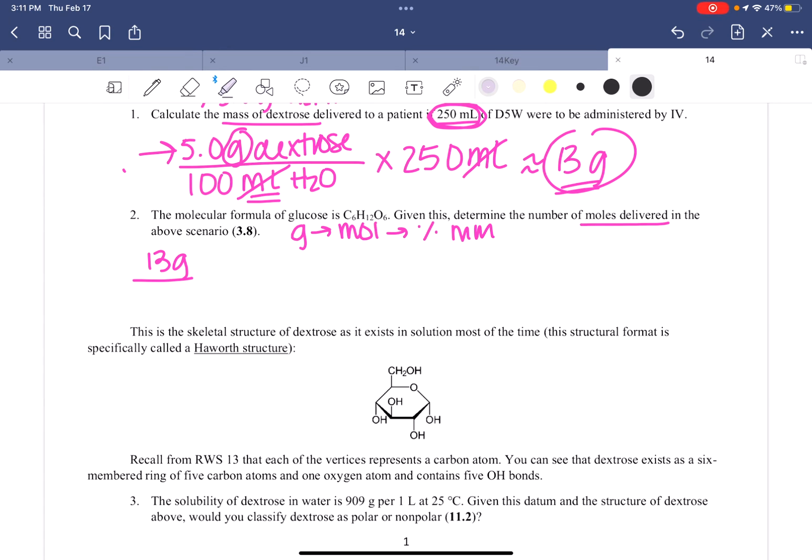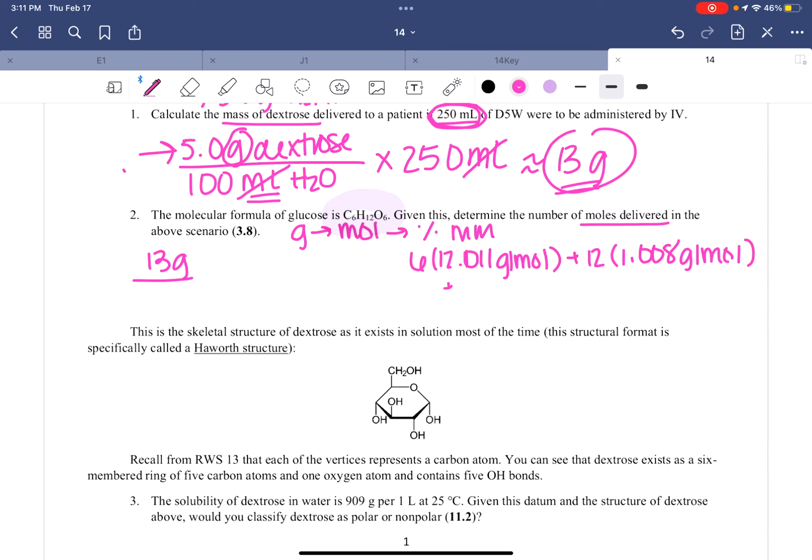So to start with, we're going to take our formula here, and we're going to start with our 6 carbons, and the molar mass of a single carbon is 12.011 grams per mole. And then we're going to add the 12 hydrogens, which each have a mass of 1.008 grams per mole.